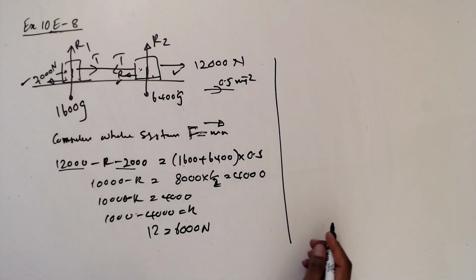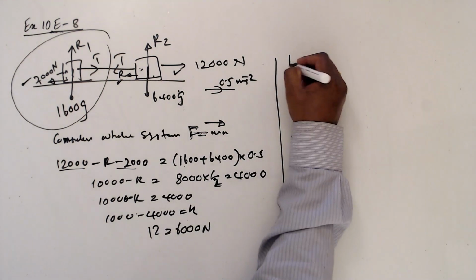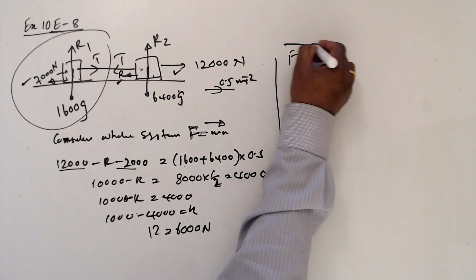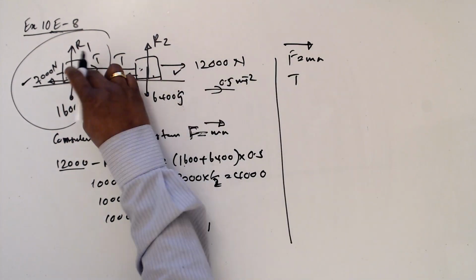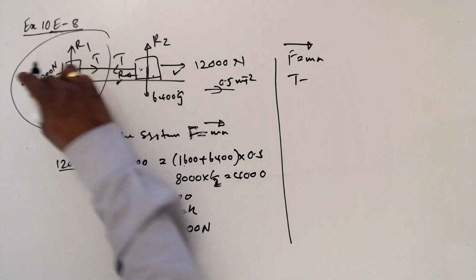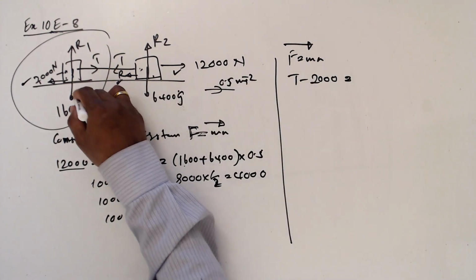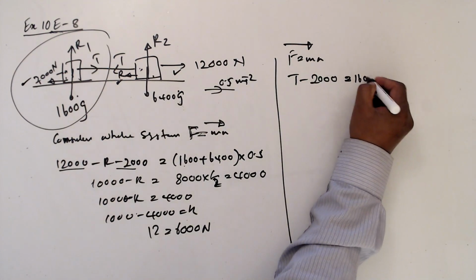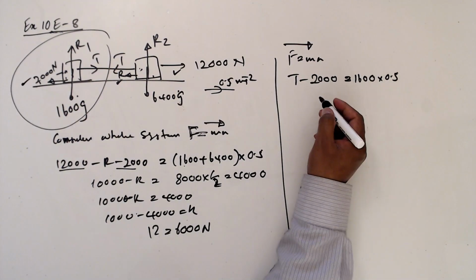Now we need to find the tension T. So we'll consider this one, the carriage. F equals ma in this direction. So this is tension T minus 2000 equals mass 1600 times 0.5.